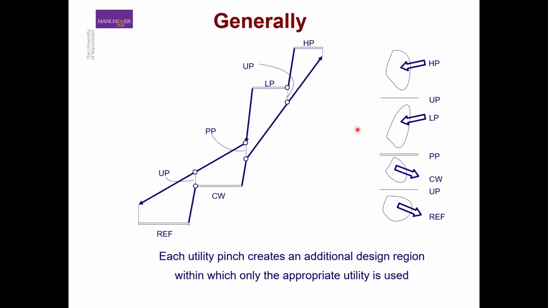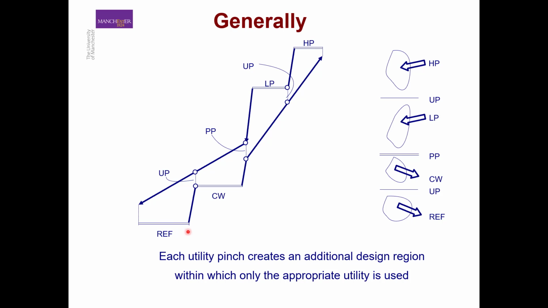Again, showing it in a slightly different way in terms of the different utilities: for our hot composite curve we have the HP steam and the LP steam, and for our cold composite curve we have the cooling water and the refrigeration.